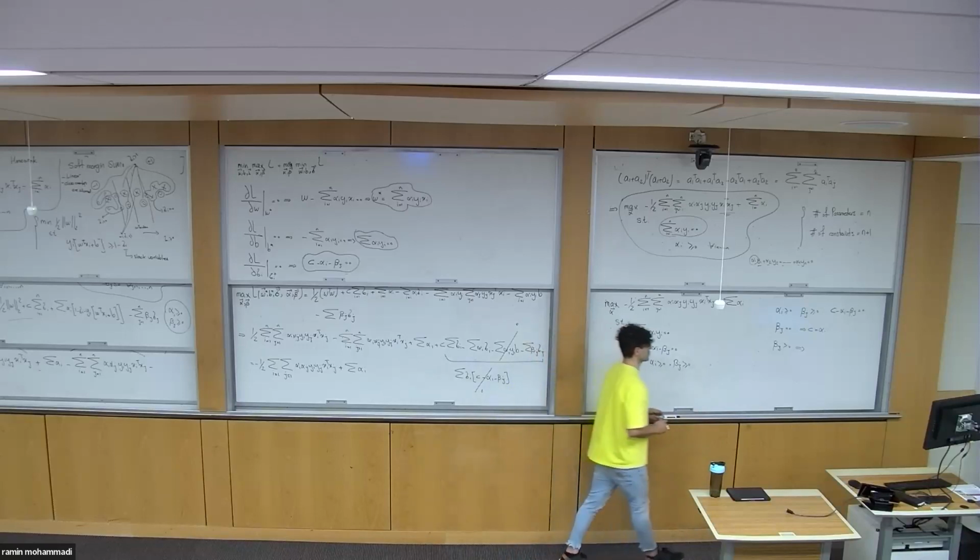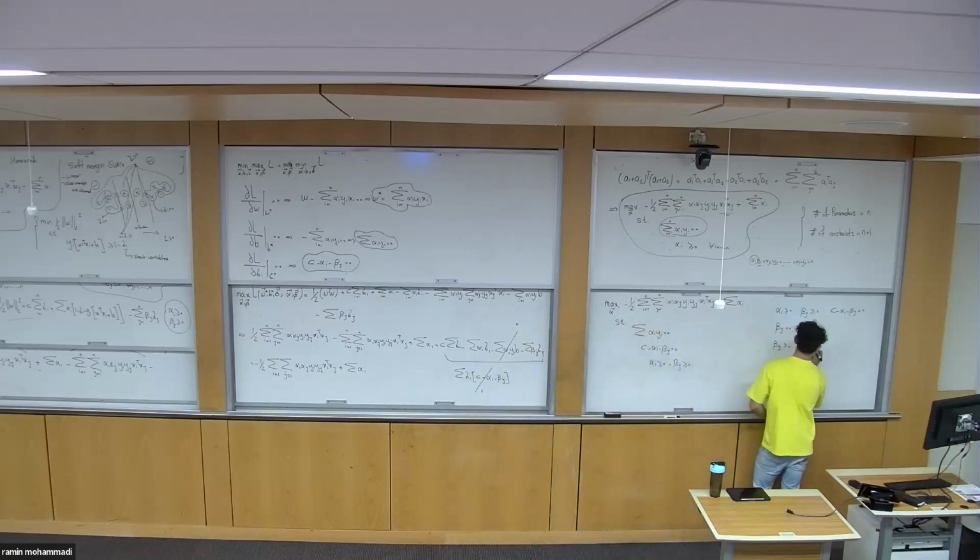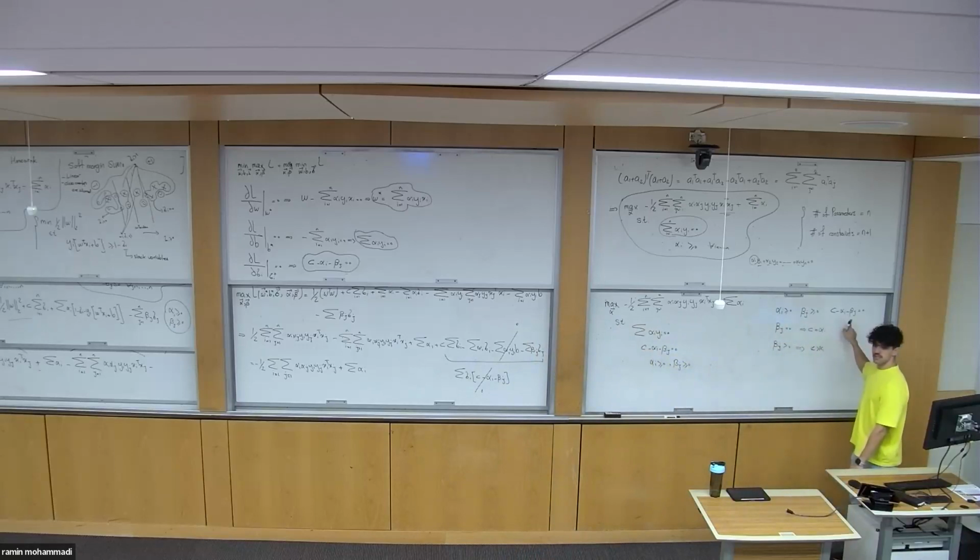That means alpha should be less than C. If beta is greater than 0, that means C should be greater than alpha, doesn't matter what the alpha is.